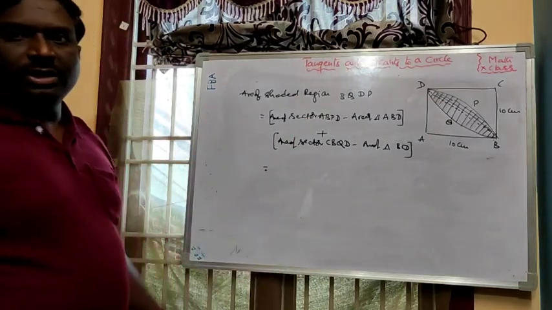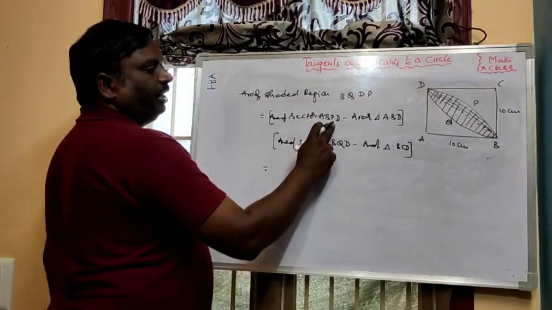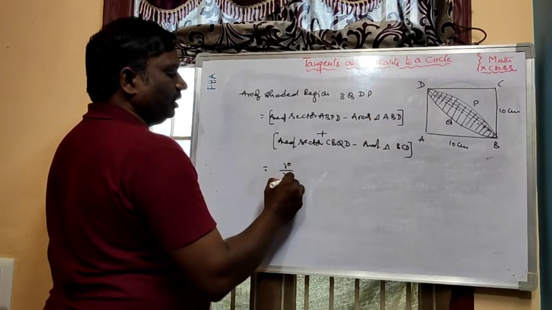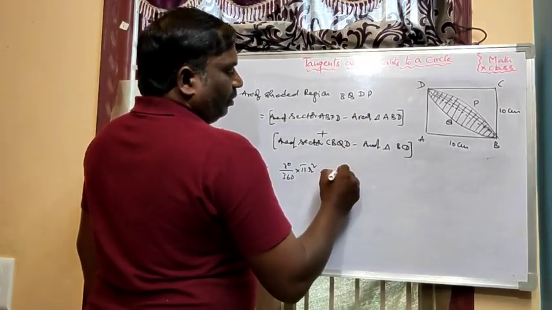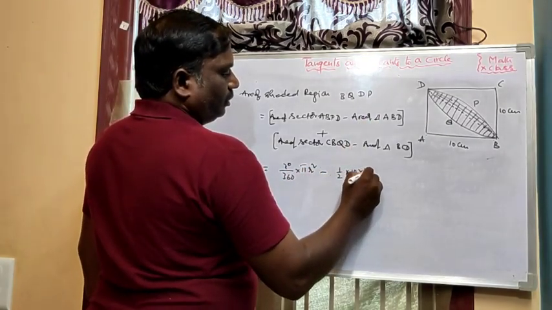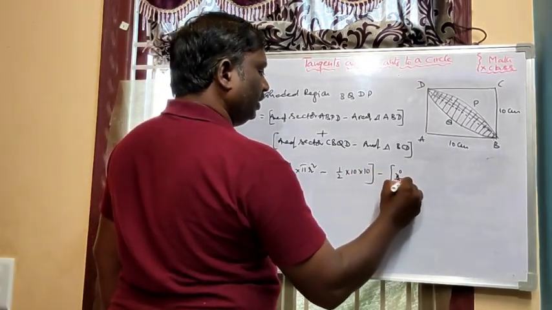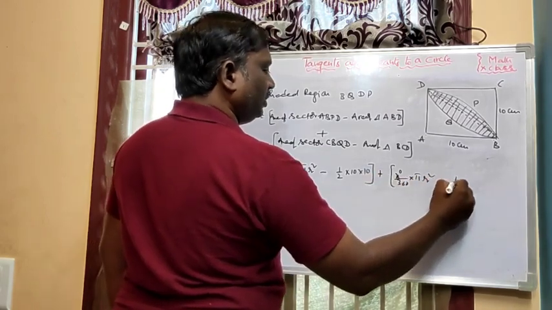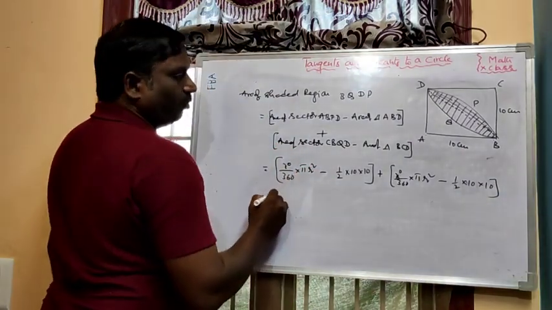Then if you subtract that, totally you will get the area of sector ABPD minus area of triangle ABD. Area of sector means x degrees by 360 into pi r square, minus ABD means half into 10 into 10, plus pi r square minus half into 10 into 10 here also.